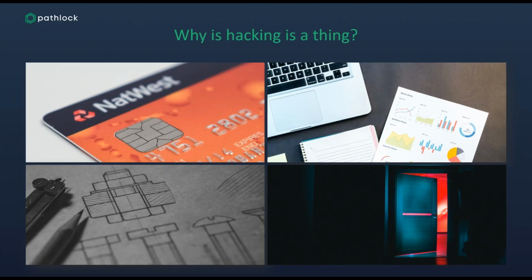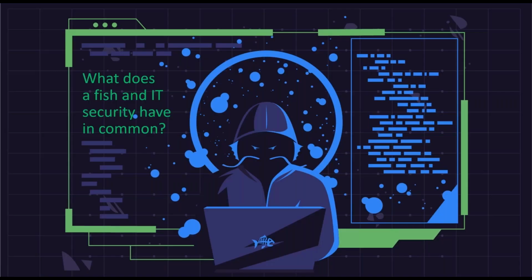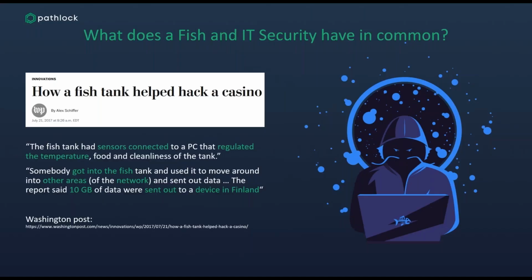And therefore, I brought a practical example with, at first, a very strange question. What do a fish and IT security have in common? Kind of a strange question to ask, but quite recently, a few years ago, a fish tank helped hack a casino in the US.